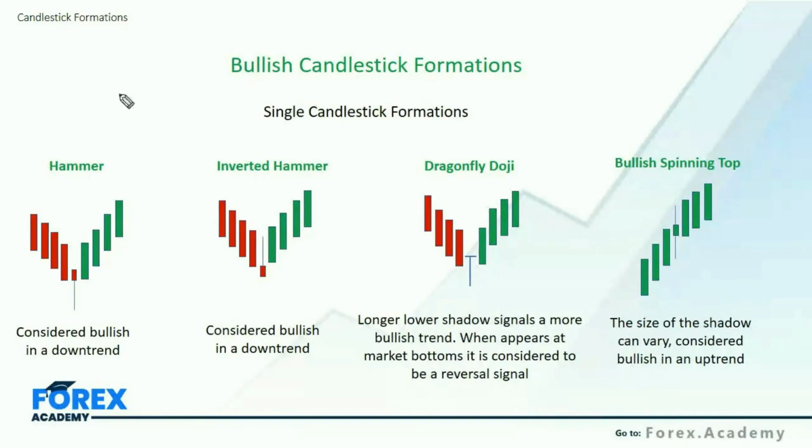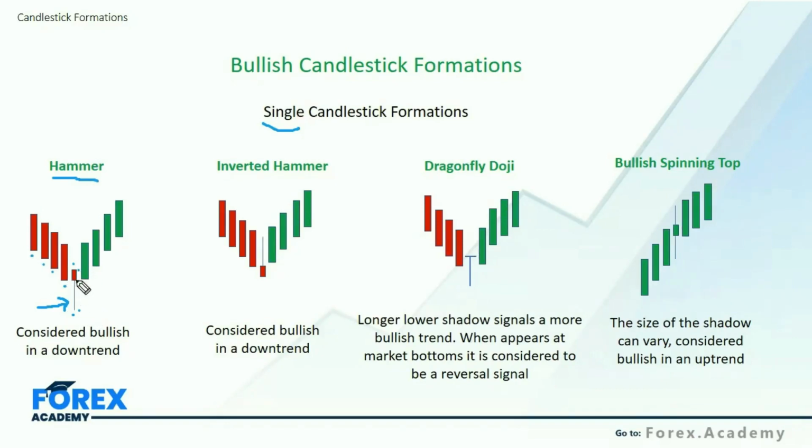So we'll start with the hammer on the left-hand side, and we'll work across the screen. The candle that is of real interest to us, and don't forget, these are single candlestick formations, meaning we're getting price action clearly moving to the downside one period at a time, and then lo and behold, the candle prints this particular candlestick. So we see the low price, we can see the high price in this market.